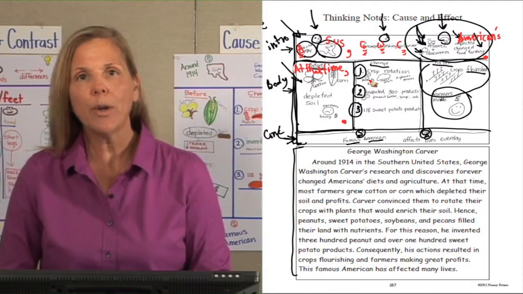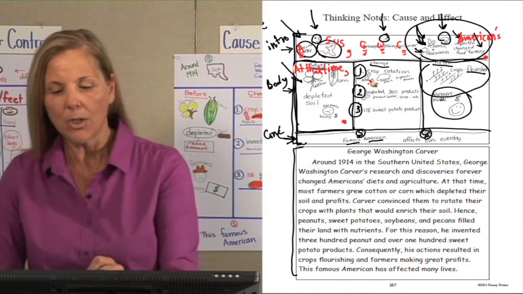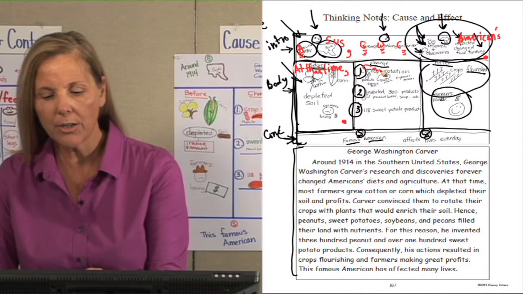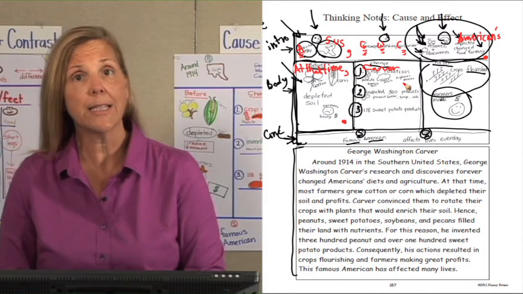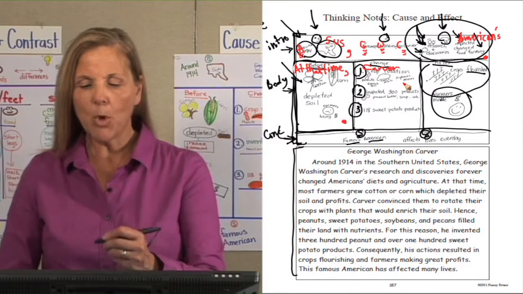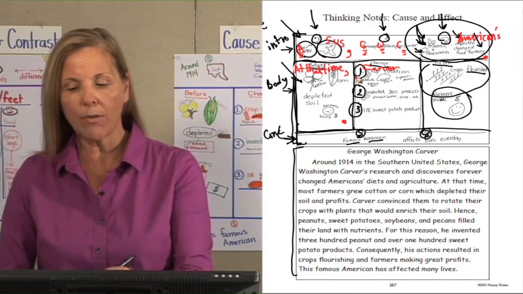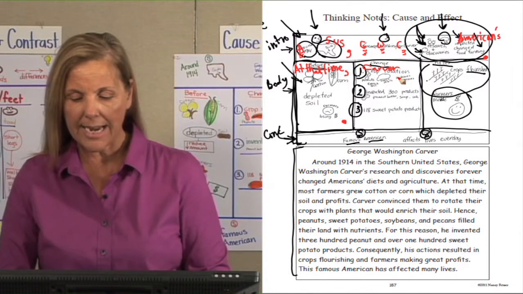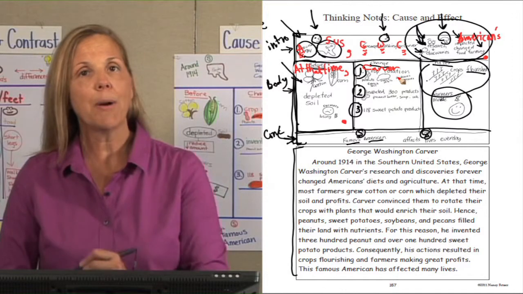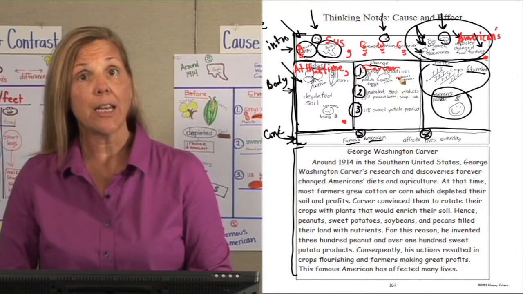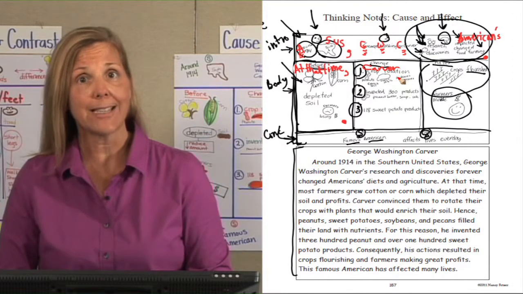You don't always have to have transitions. So I'm going to write Carver here to remind myself that's how I'm going to begin the sentence. I'm going to, again, read this sentence over and over, practice how I'm going to say it, and then mark any punctuation or put key words I need in order to remember how I formed that sentence.